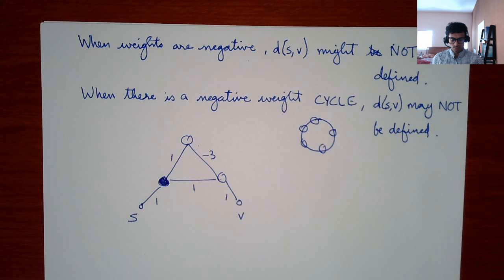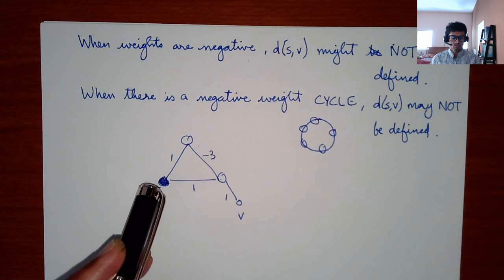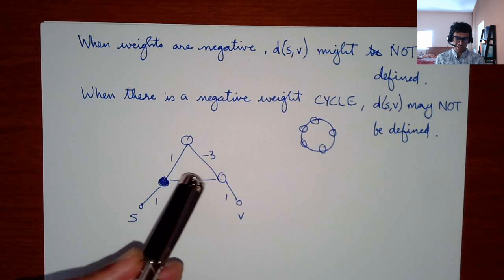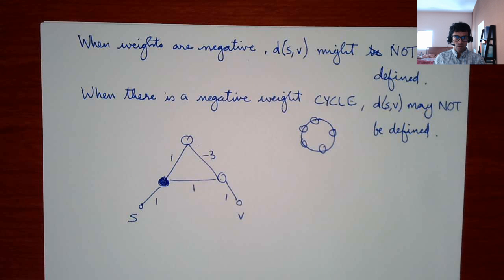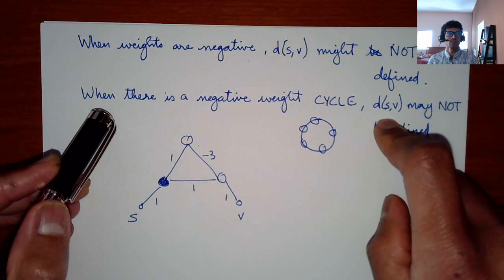Because it's 1 minus 3 plus 1, which is -1. So the total length of that cycle is actually -1. So a shortest path would just keep taking that cycle over and over and over again to keep reducing its distance. And in some sense, the distance between S and V would essentially be -infinity. It's actually ill-defined, or it's not defined. So when there is a negative weight cycle, the distances are actually not defined.